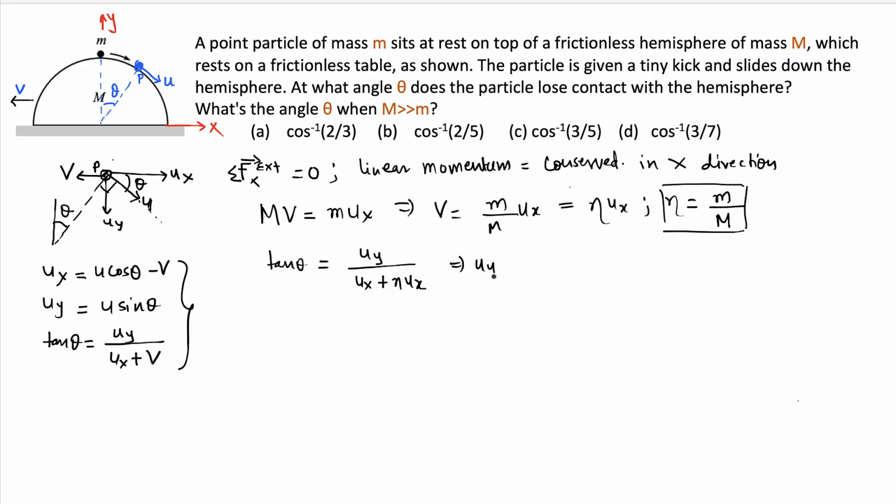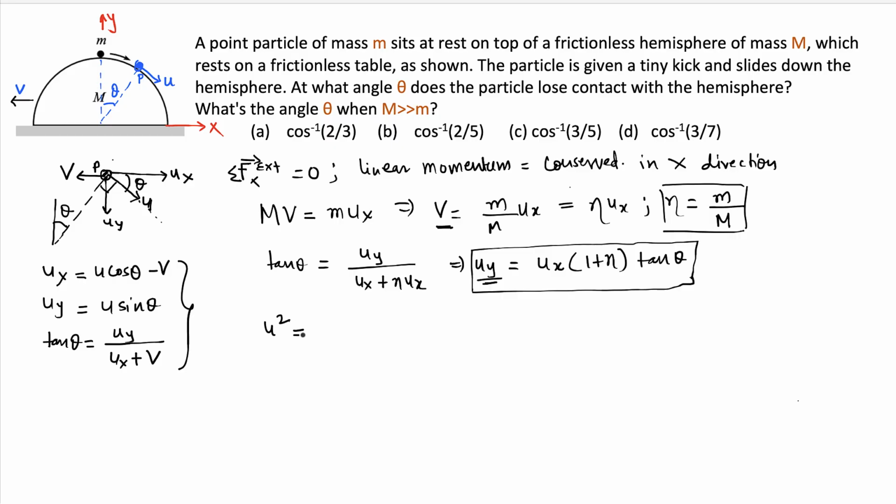Therefore uy is ux times 1 plus eta times tan theta. Okay, the expression for uy. Okay, the hard work is done now, because now we have an expression for uy and also we have an expression for v. Okay, what is u then?